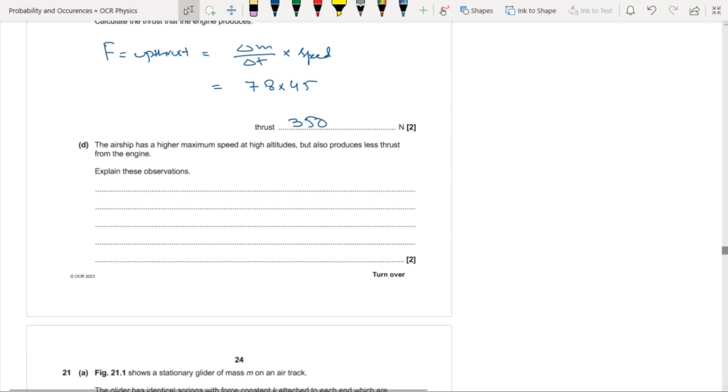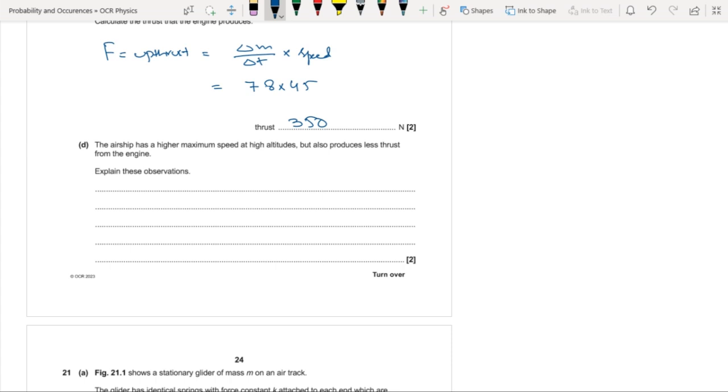The airship has a higher maximum speed at higher altitudes, but also produces less thrust from the engine. Explain these observations. Well, we know that at higher altitudes, the density of air is less as compared to the density of air at lower altitudes.